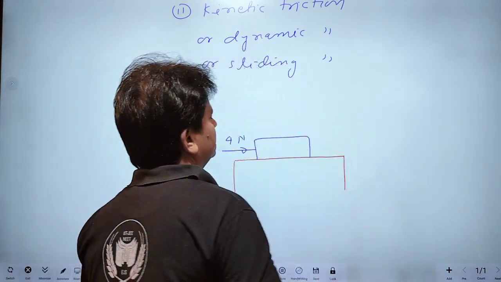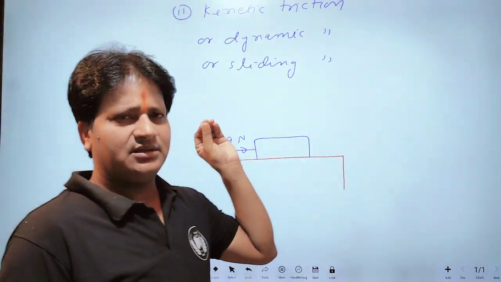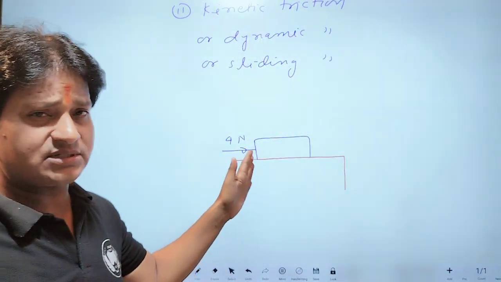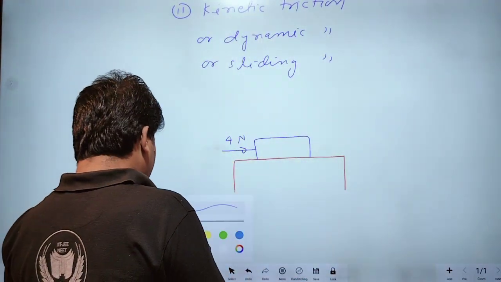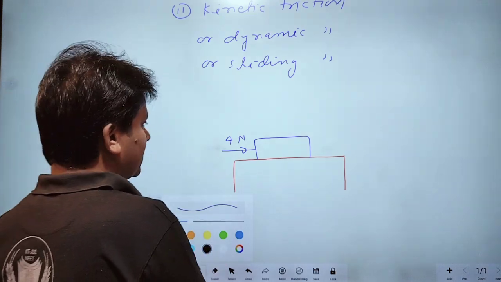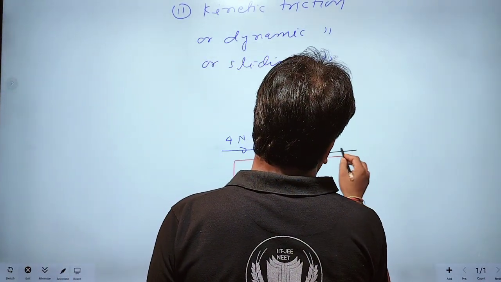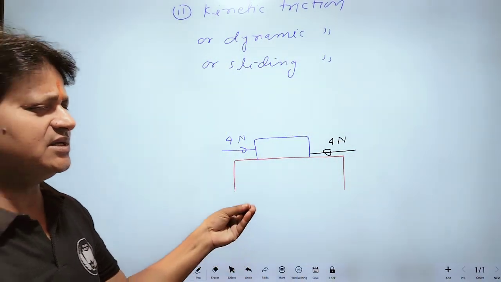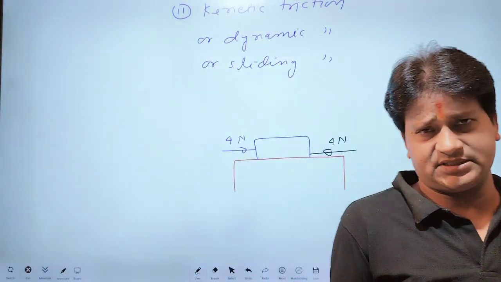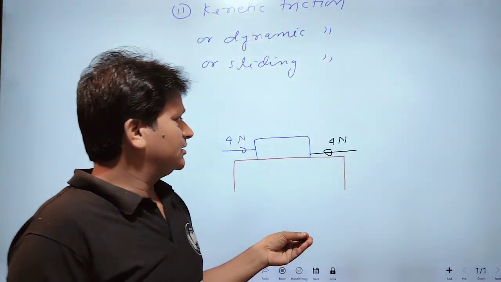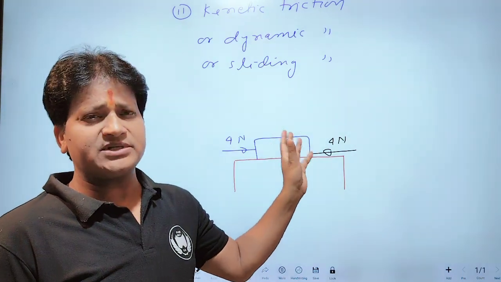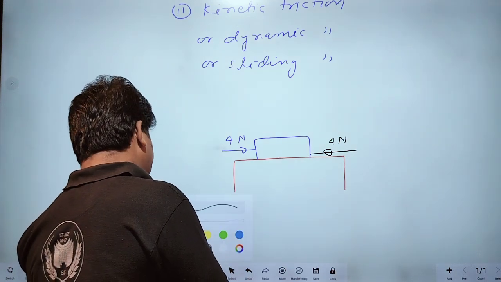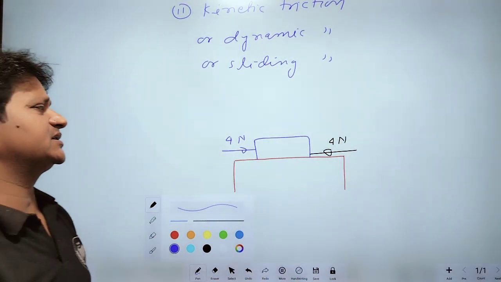Limiting equilibrium means the block is just at the point of sliding, but it does not slide. In this case, the static friction will be 4 Newton. But this static friction is the maximum value of static friction. This maximum value of static friction is called limiting friction.